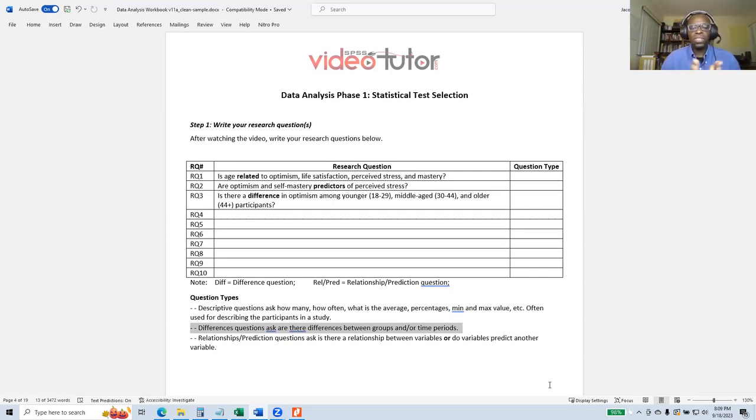Another type of difference question is, is there a significant difference in pre-test and post-test measures of graduate students in a statistics class? The same students take a pre-test, they take the class, and then they take a post-test. So that's a time-based comparison versus a group-based comparison, okay?